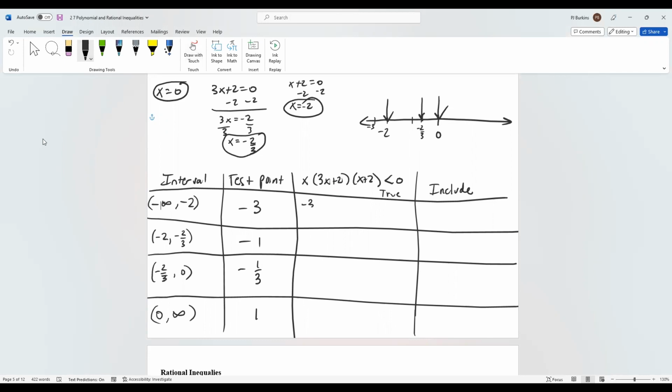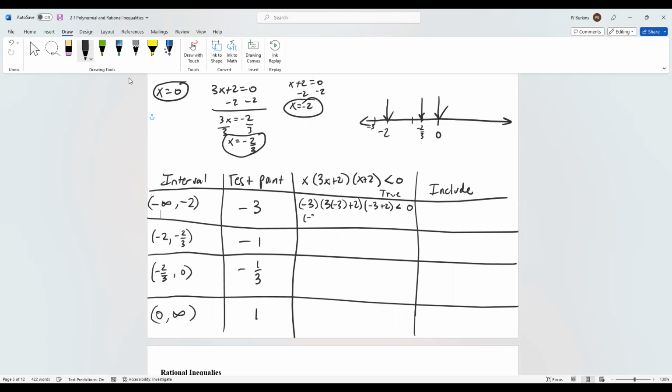So this would be -3 times 3 times -3 plus 2 times -3 plus 2, less than 0. Okay. -3 times 3 is -9. -9 plus 2 is -7.